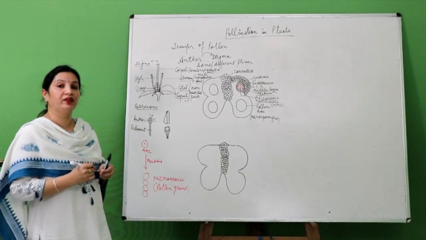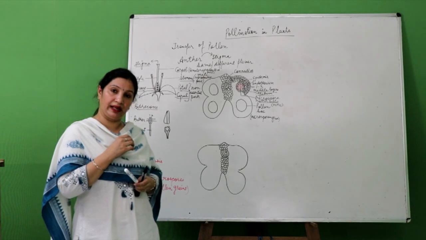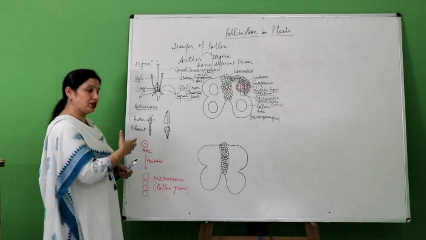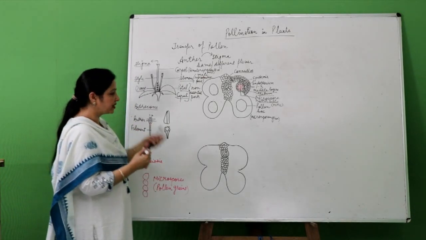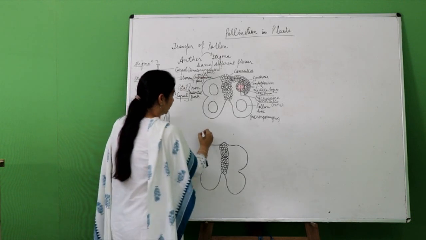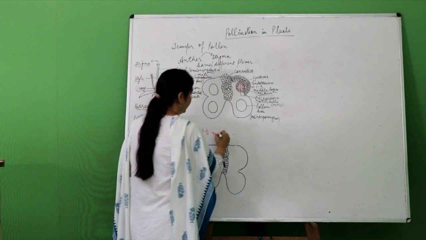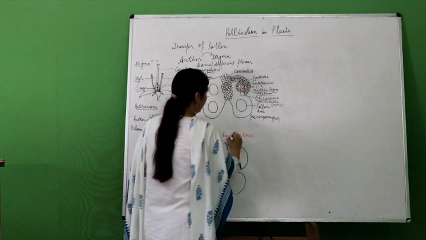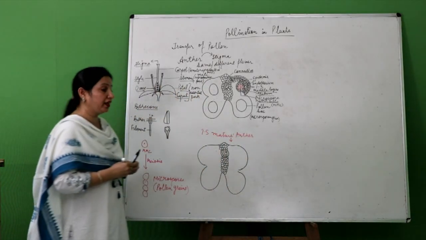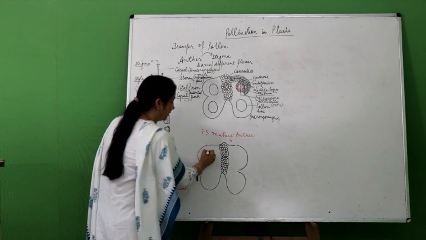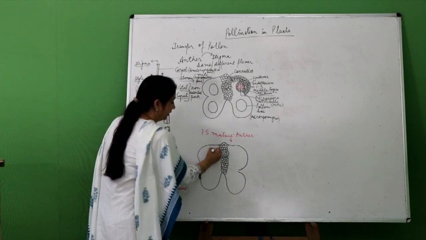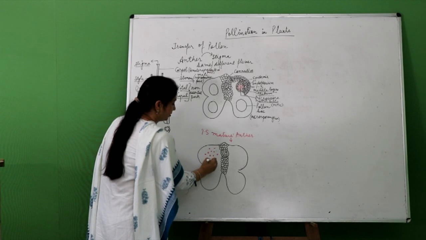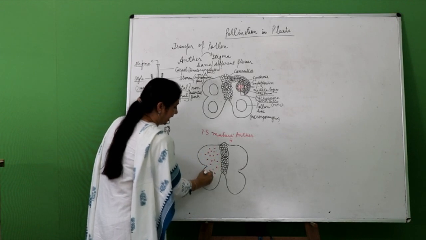Now earlier these pollen grains are fused with each other, and later on they separate from each other. And if we see a TS of a mature anther, then we are able to see these pollen grains in the two chambers of the anther at the time of maturity.